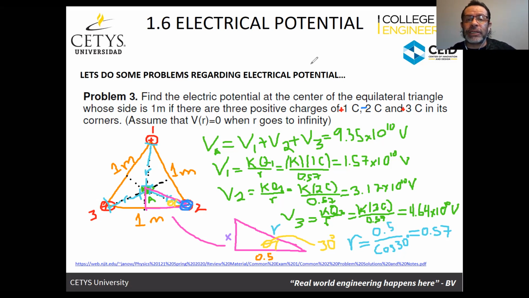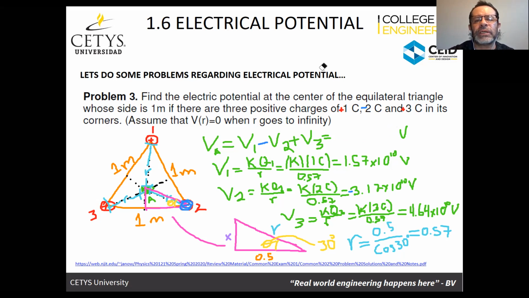The only difference would be that in the case of charge 2, this would be negative. It would contribute negatively to the overall voltage. And so for this other version, we would add these two and we would subtract the V2.